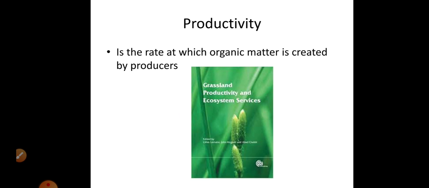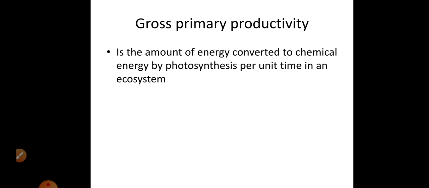Now, productivity is the rate at which organic matter is created by producers. We have this term, gross primary productivity. It's the amount of energy that's converted to chemical energy by photosynthesis per unit time in an ecosystem.